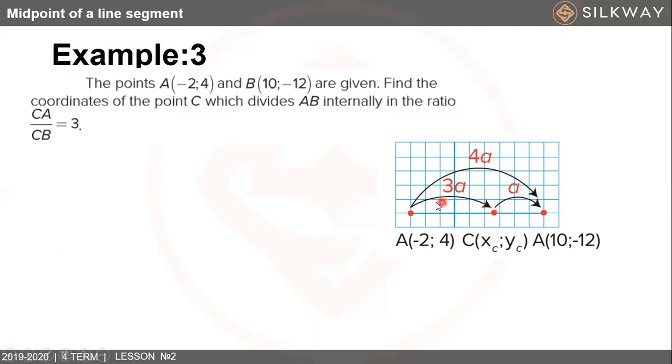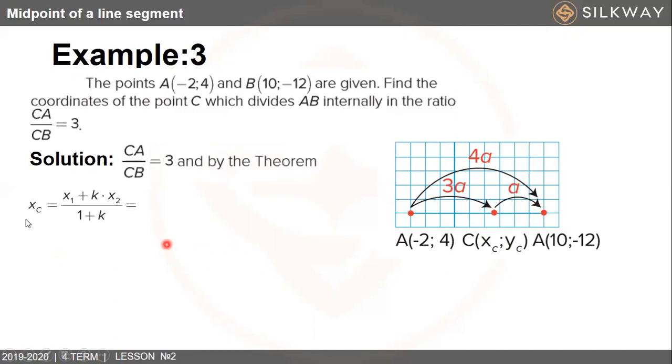So we can write 3a here and a. By the formula, in order to find the coordinate x, we use the x of points A and B. x1 here is -2, plus k, which is 3, times x2, which is 10.